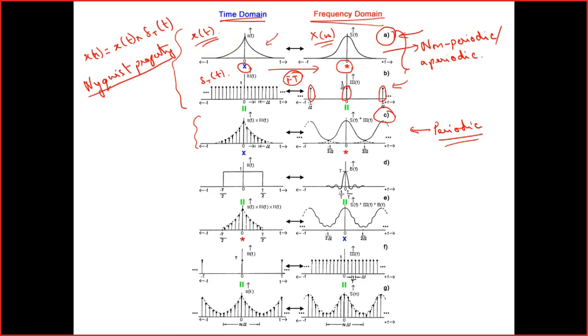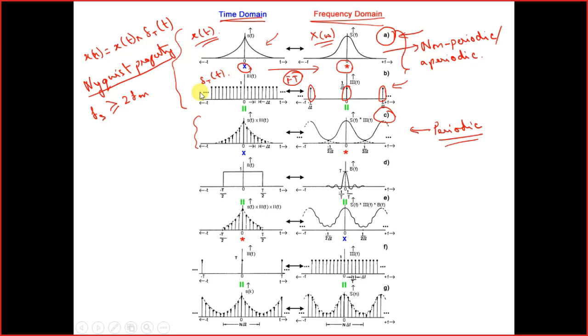What does this Nyquist property help us to do? The Nyquist property tells us that when we have to sample any signal, fs should always be greater than or equal to 2 fm.